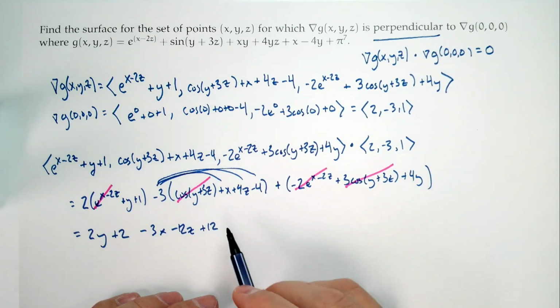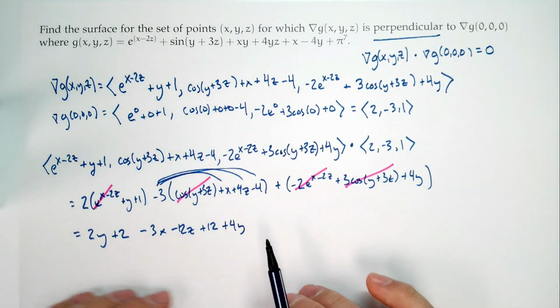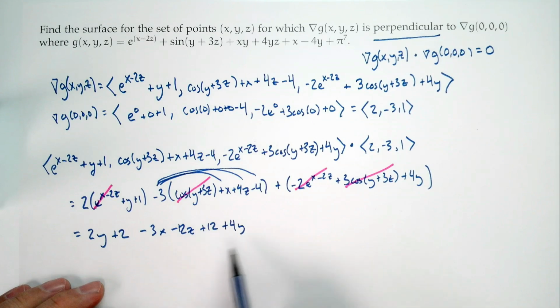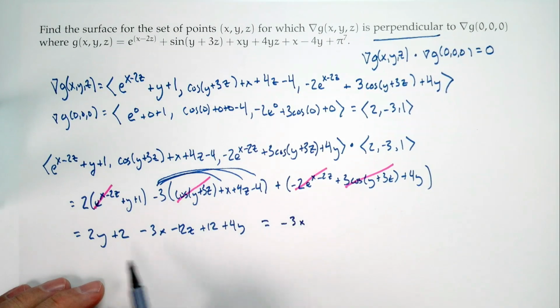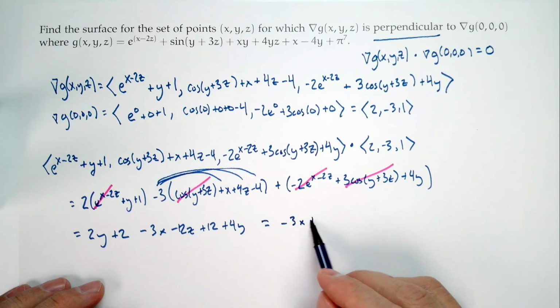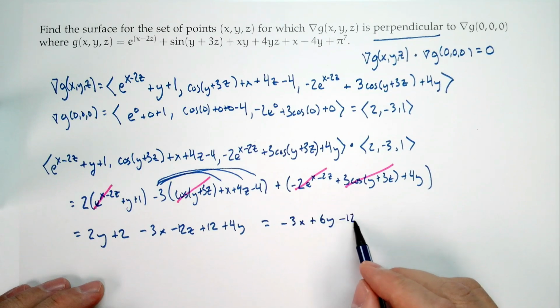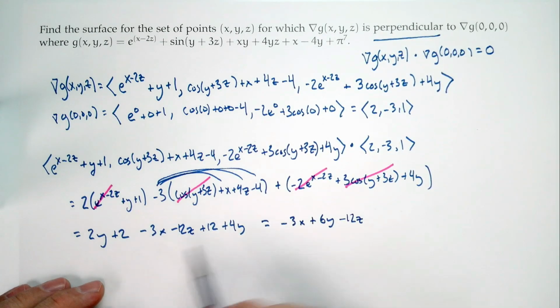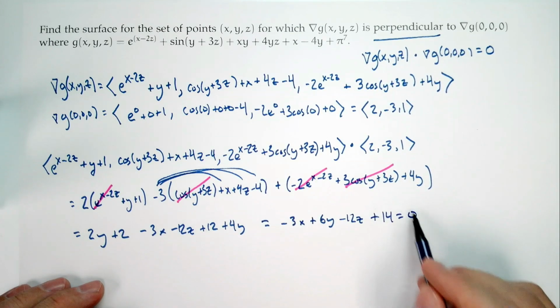Oh yeah, there's a plus 4y here on the end. So we have negative 3x, 2y plus 4y makes 6y, and minus 12z. Then we have 12 plus 2, which is 14, and that equals 0.